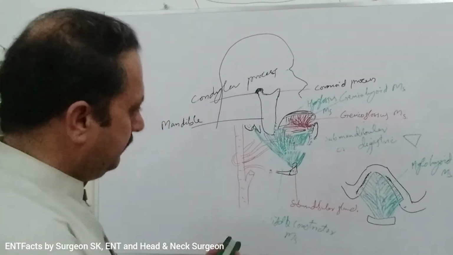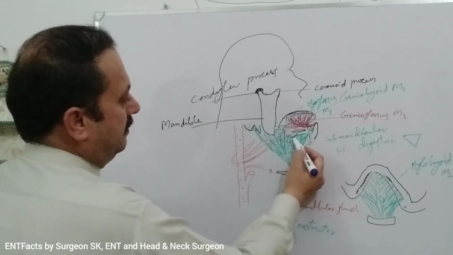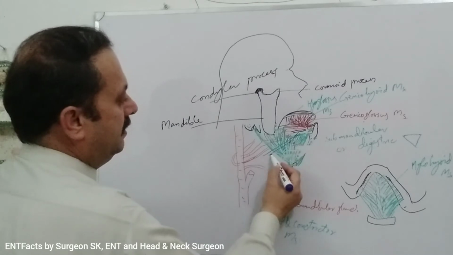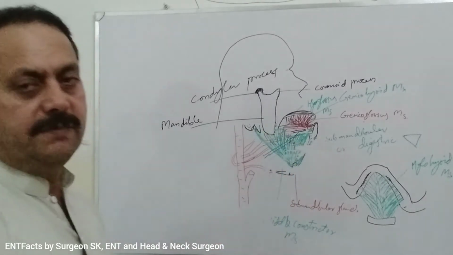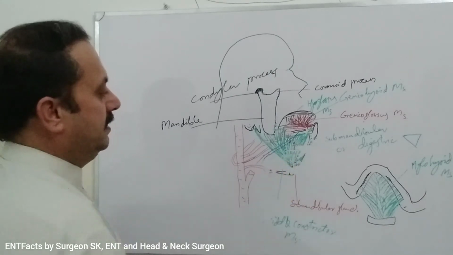From here, the facial vein comes anterior to the superficial part of the submandibular gland, which drains into the jugular system.